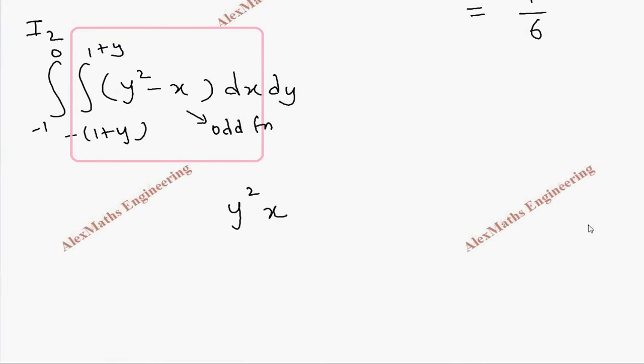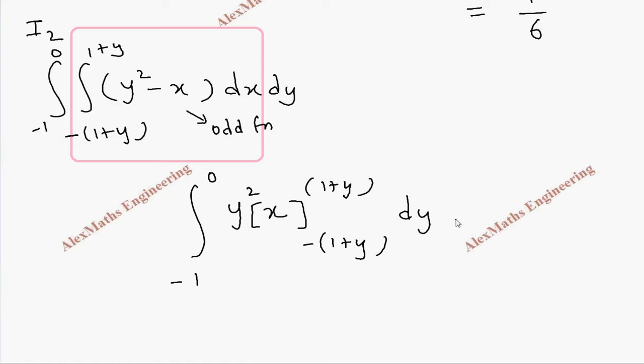So after integration and using the limit, it will become 0. Once if we identify this odd function, so we can skip that part and we can put the limit only for the remaining term alone. So this is from minus of 1 plus y to 1 plus y. Still we have minus 1 to 0, and outside we have dy.